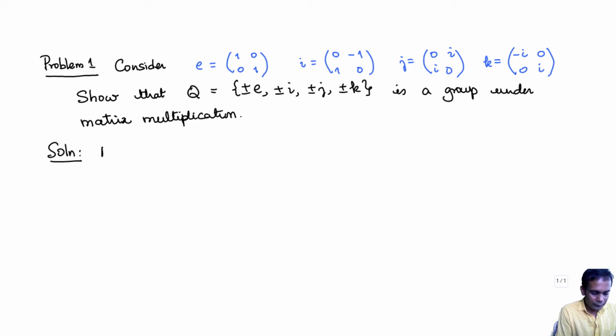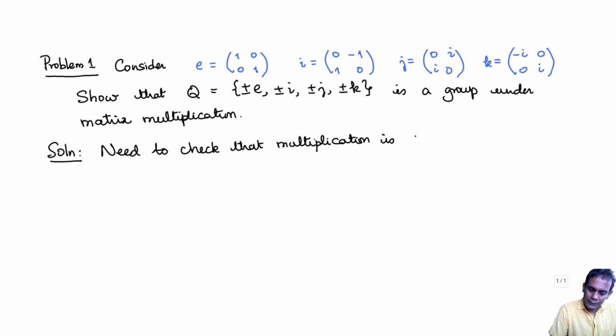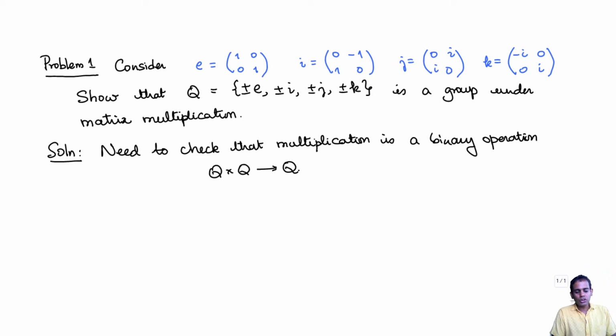So we need to check that multiplication of matrices is a binary operation from Q cross Q to Q. So we need to check that if you take any two matrices in Q and multiply them, you once again get a matrix in Q.